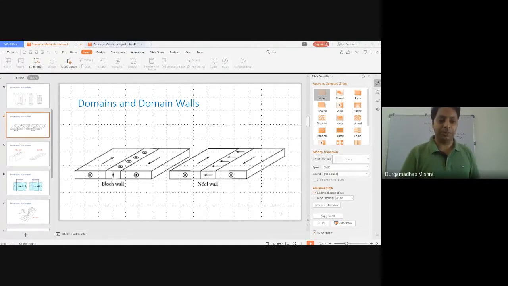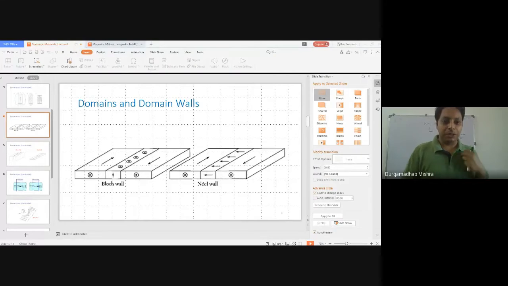So you can get an idea how the magnetization transition happens from one orientation to the other. These are basically your two different domain walls.